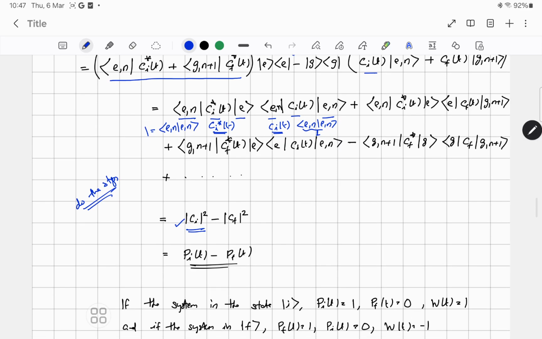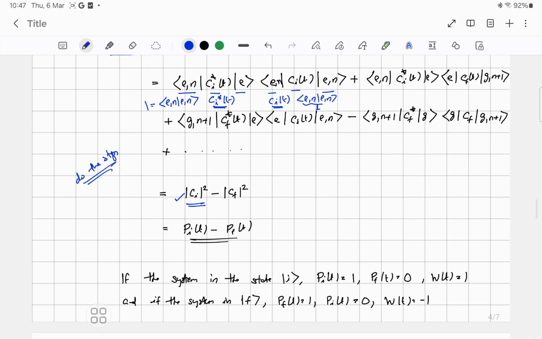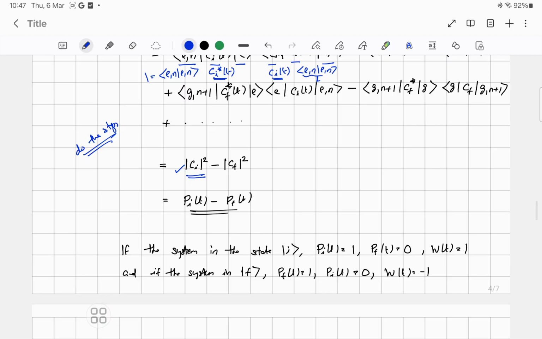Mod Ci square is nothing but the probability to find the system in the state I, and mod Cf square is the probability to find the system in the state F. Therefore this W of t, the expectation value of the inversion operator, or simply called inversion, is the probability to find the system in the state I minus the probability to find the system in the state F. That is basically the difference of the probabilities in these two states.